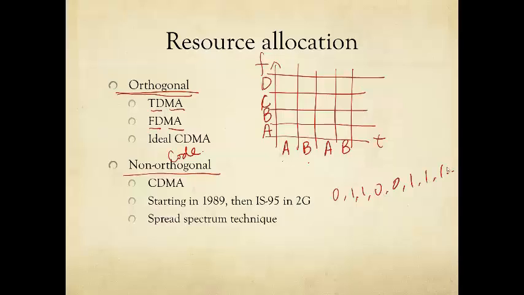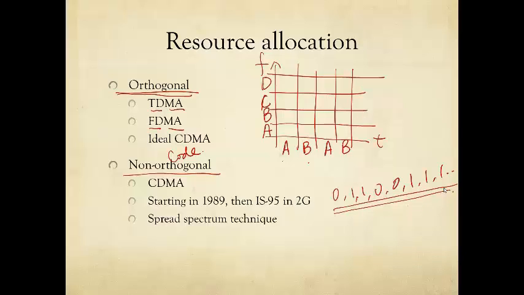And what I'll be doing is to multiply your digital information on a much faster scale with a sequence of ones and minus ones, what's called a code. And this code will scramble your transmission almost into a noise-like, random number-like sequence.